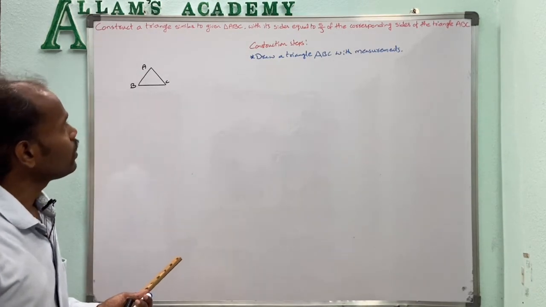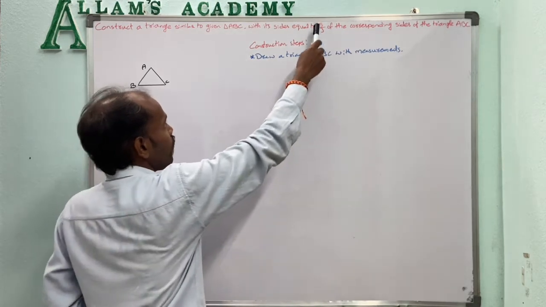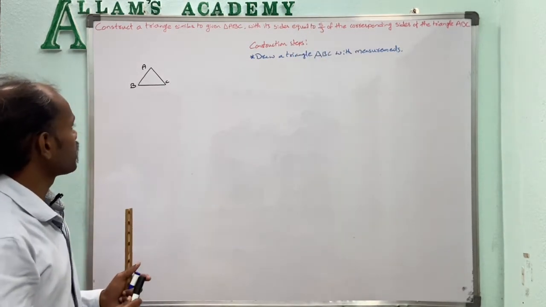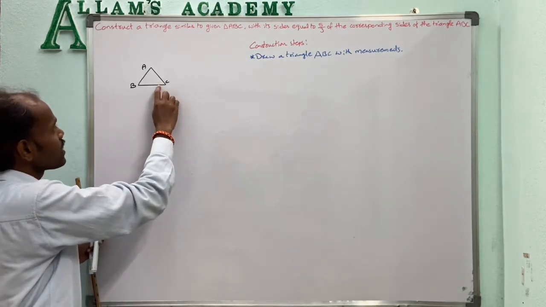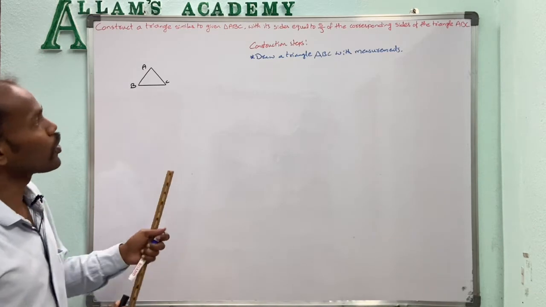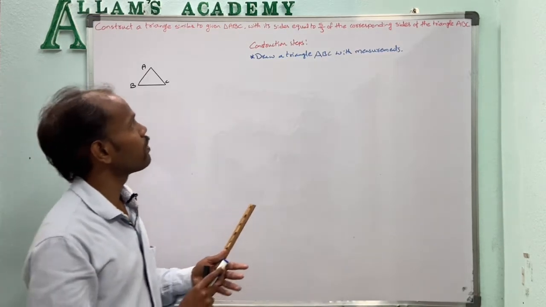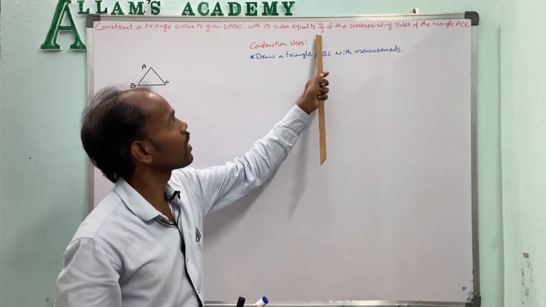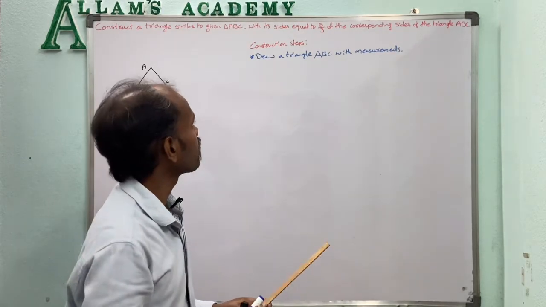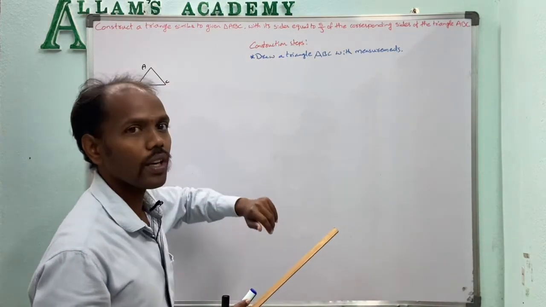Now we have to draw 5 by 3 times. So 5 by 3 times means compared to this triangle, that is more. Why? Because 5 by 3 is equal to 1 point something, that is more only.